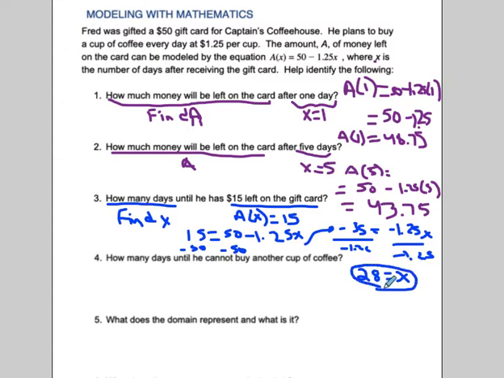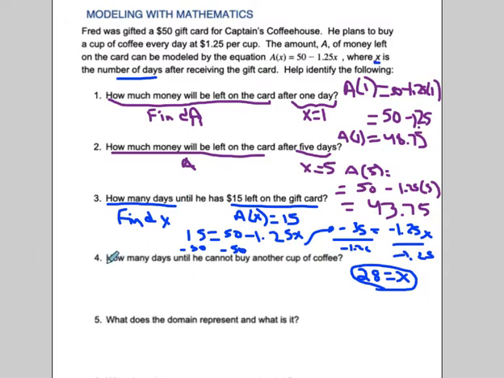So x, again, is our number of days, and 28 days later, you will have $15 remaining on the card. You can check that by plugging it in. What's 28 times 1.25? Subtract that from 50, and you should get 15.